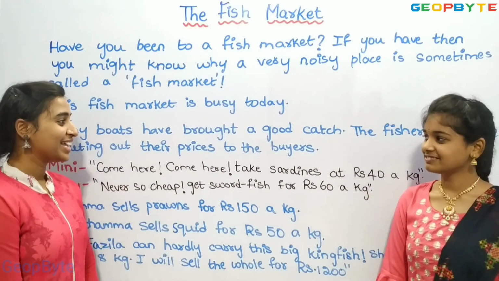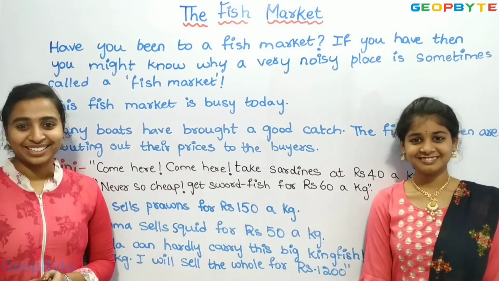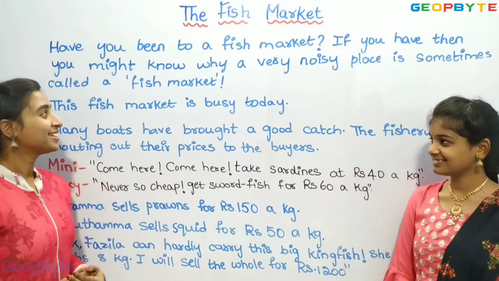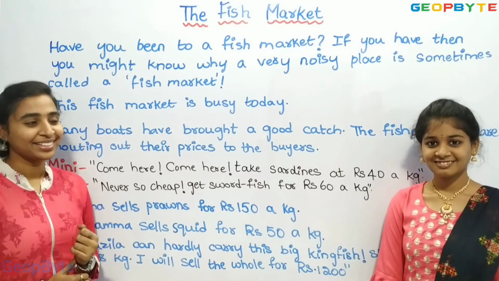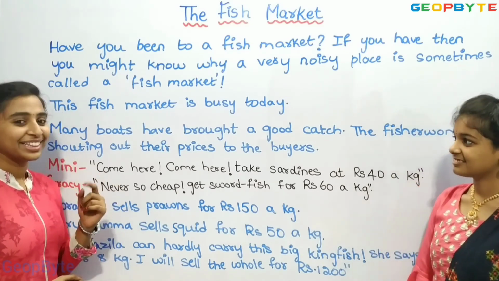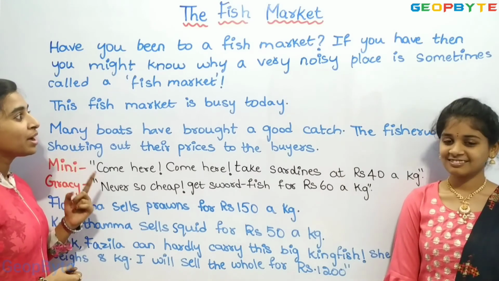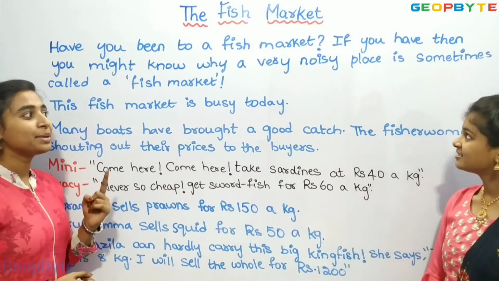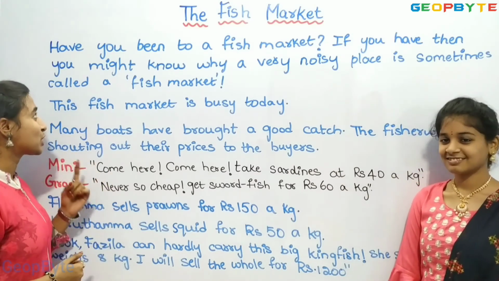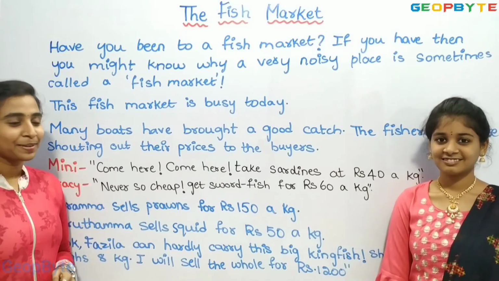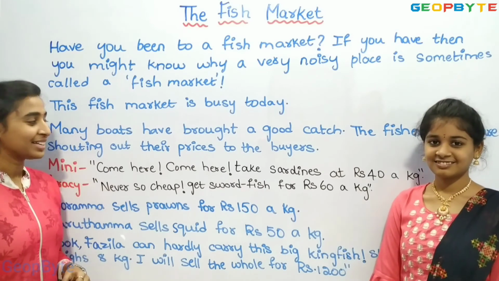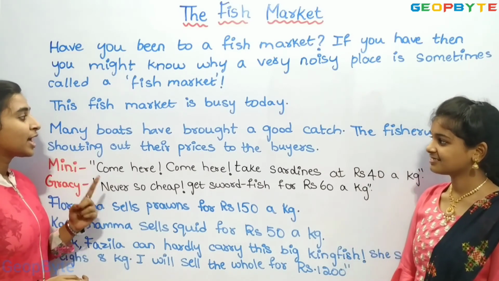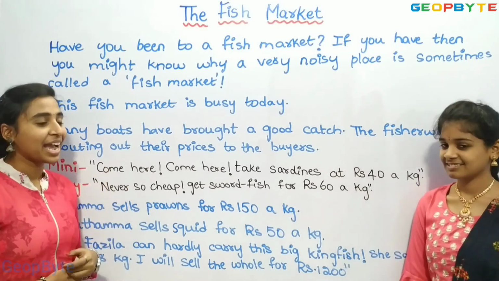Children, we have a story here. Let us read it. Have you been to a fish market? If you have, then you might know why a very noisy place is sometimes called a fish market. This fish market is busy today. Many boats have brought a good catch.